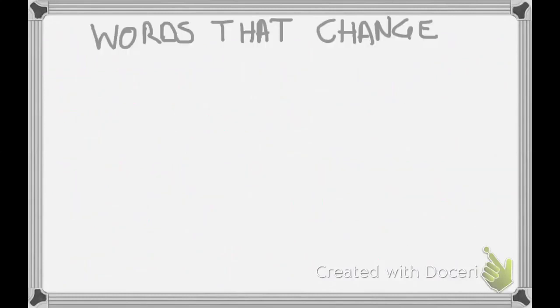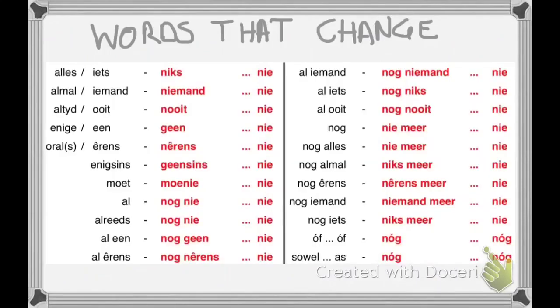Okay, so that brings us to our next special rule, which is to do with words that change. In the negative, all of these words change to the following. And when they change, the first word that they change to counts as a nie. So there's still 2 nies in the sentence. For example, if you look at the bottom of the page on the left, "al ergens" changes to "nog nêrens."